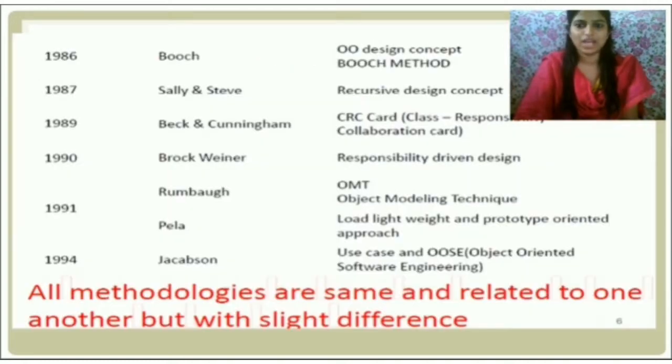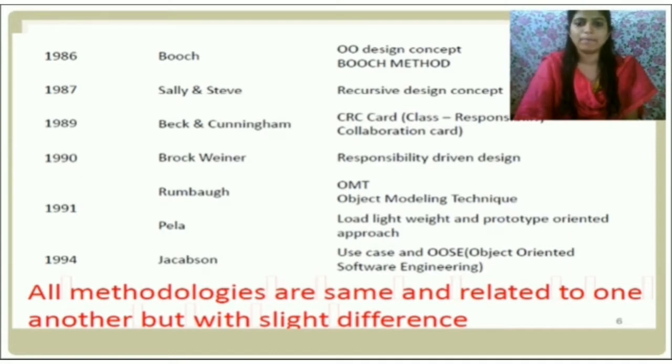We'll see. In 1986, Booch derived an object oriented method, called the object oriented design concept, which is also known as the Booch method. In 1987, Sally and Steve developed an object oriented approach known as the recursive design concept.